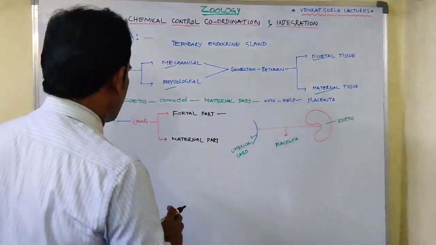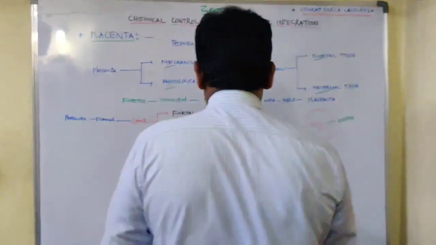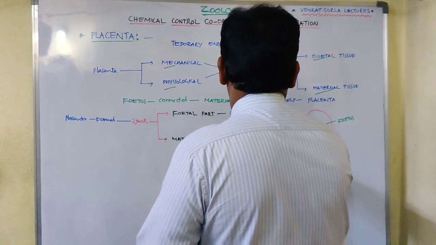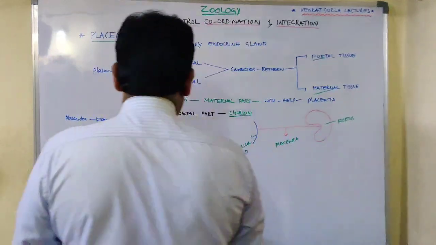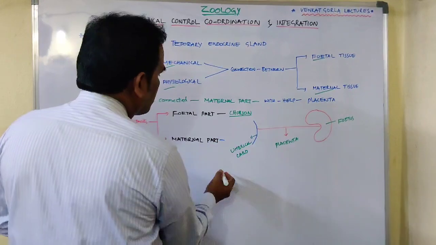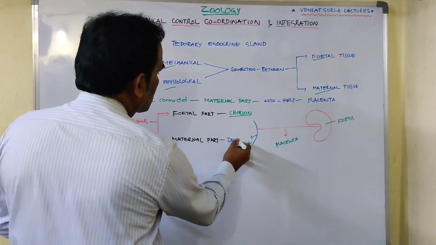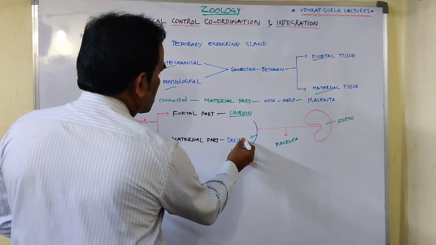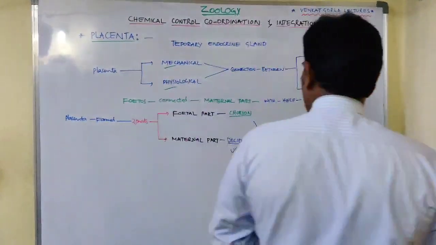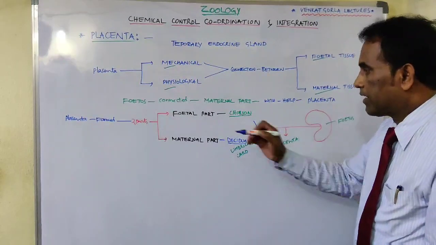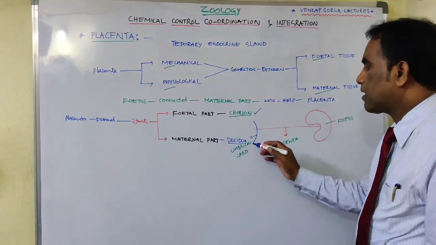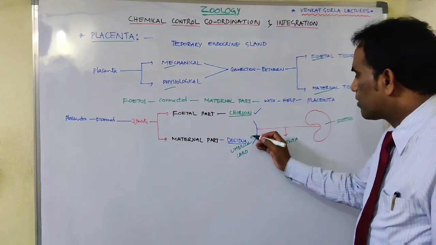The fetal part of placenta is called chorion, and maternal part of placenta is called decidua. So the placenta is formed by two parts called fetal part and a maternal part. The fetal part of placenta is called chorion, and the maternal part of the placenta is called decidua.